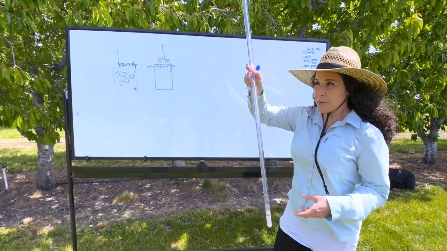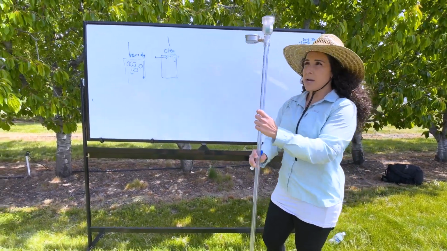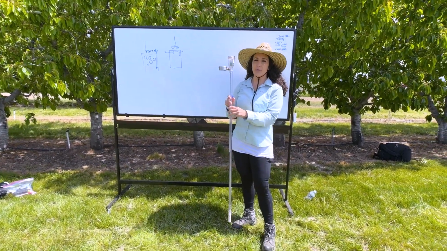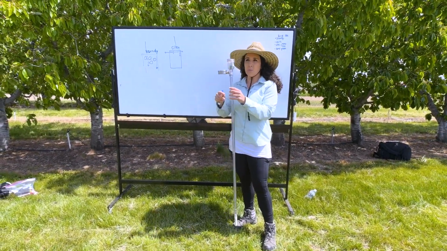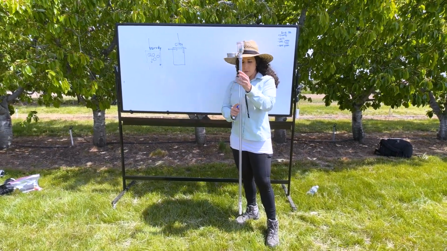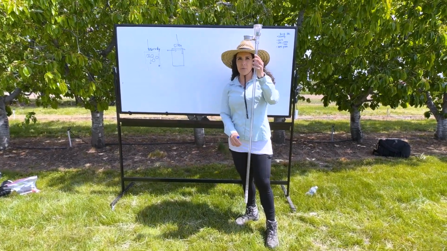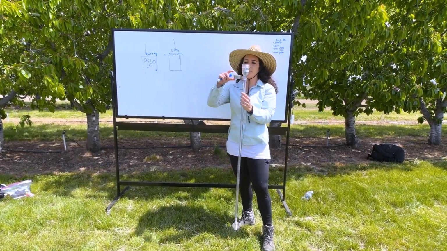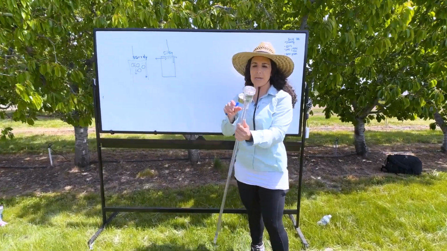When you install it, it acts as an artificial root. As water gets depleted in the soil, water from the device is going to move out due to the gradient and create suction here, and you can measure it with this gauge.